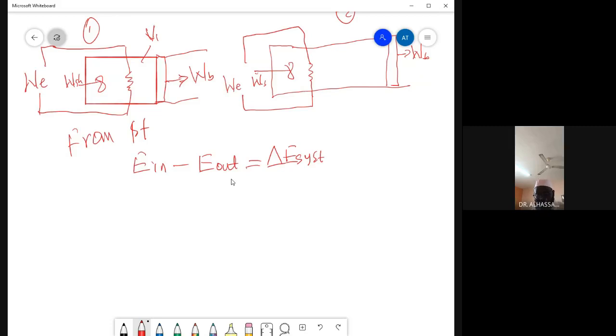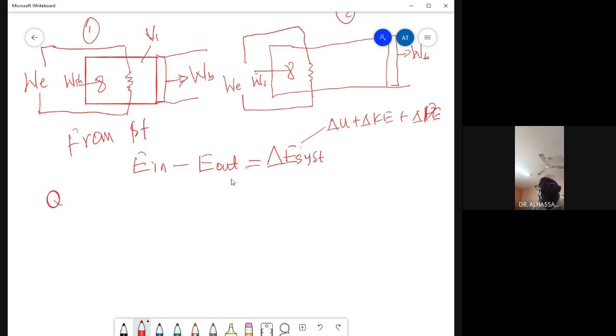So this change in energy of the system is the same as delta U plus delta KE plus delta PE, the potential energy of the system. The total amount of energy entering the system can be in the form of mass, in the form of work, or in the form of heat transfer.